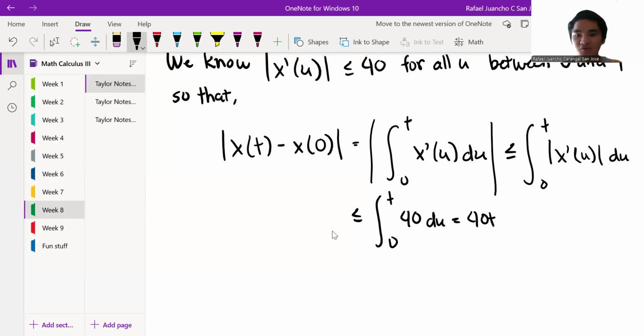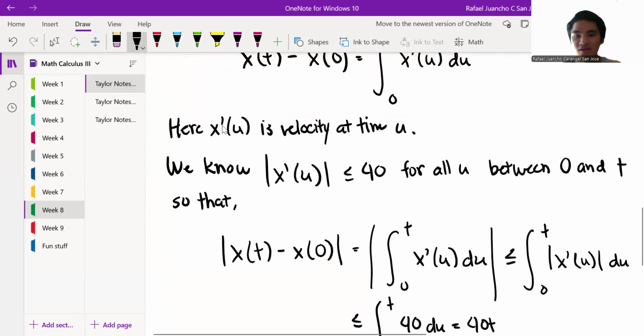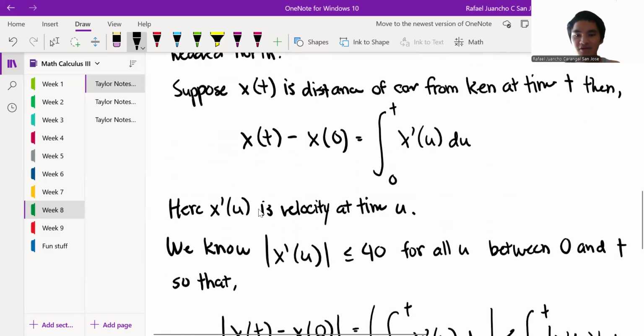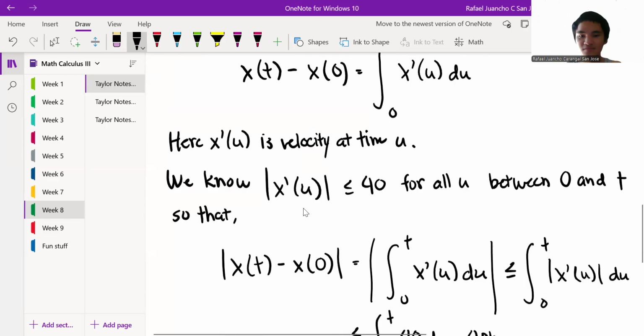So let me just go back to what in the world just happened. My u is just a letter, right? It doesn't matter what it is. But here's the velocity at time u. And so we know that if we take the absolute value of this derivative, it should be less than or equal to 40 for all u between 0 and t.